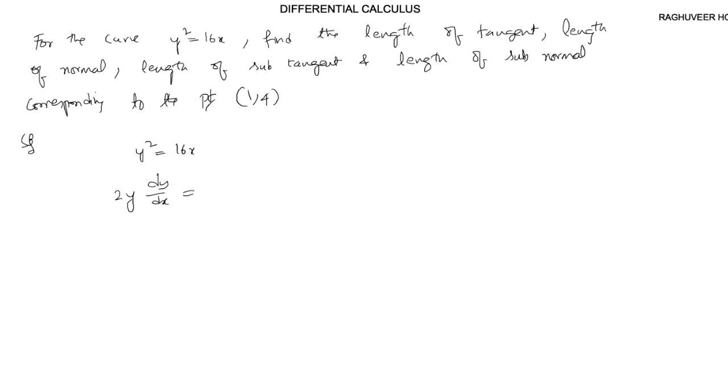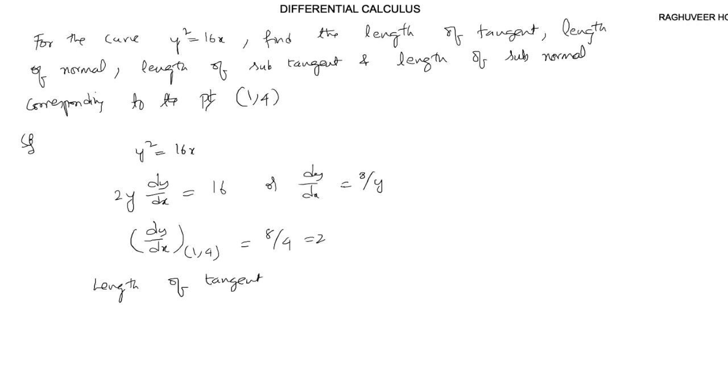Okay, on differentiating the equation y square is equal to 16x, we get 2y dy by dx is equal to 16, or dy by dx is 8 by y. Now dy by dx at the point (1, 4) is 8 by 4, which is 2.